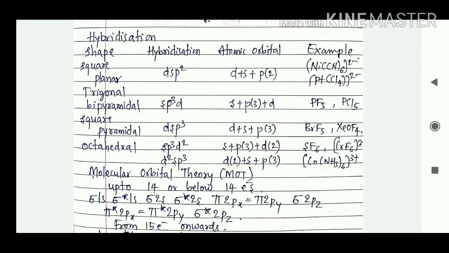The examples for this one are BrF5 or XeOF4. Then we'll consider d2sp3. The shape is octahedral: SF6, CrF6 3 minus, Co(NH3)6 3 plus. So this is all about hybridization in some higher molecules.